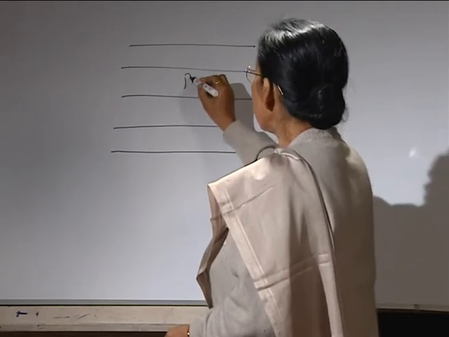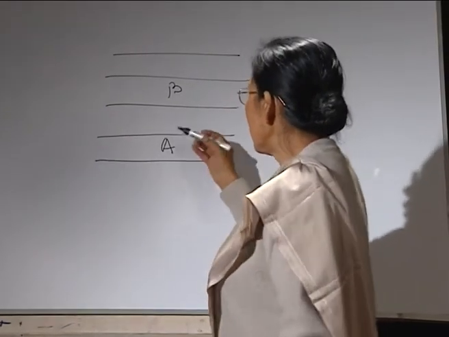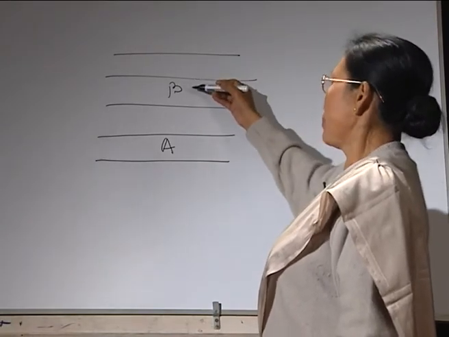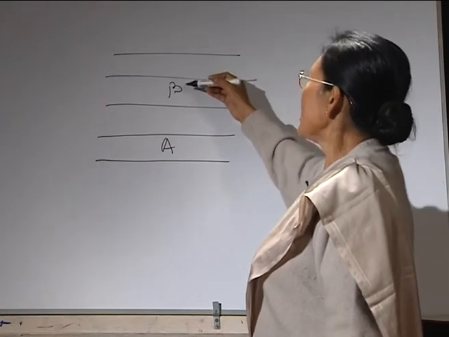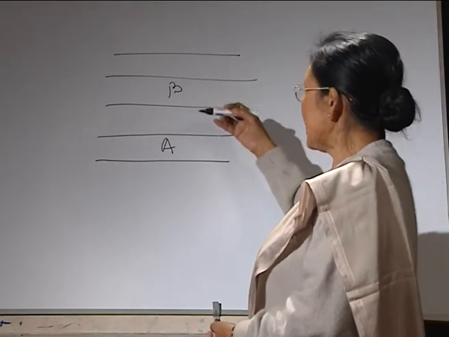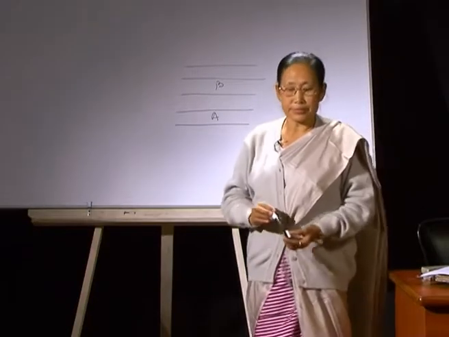Here we find culture B and we find culture A here. Then we can easily understand A is older than B or B is newer than A. But how many years older or newer is not known to us.